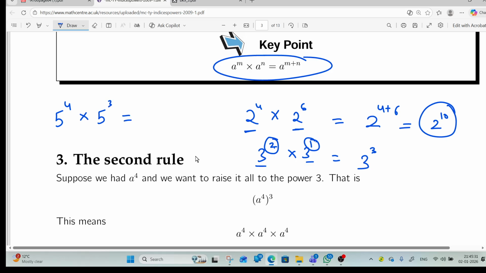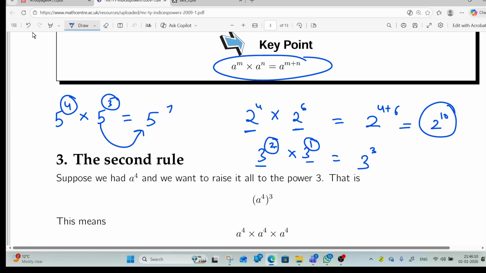What about this one? 5 to the power 7. Yes, 5 to the power 7. Just add the powers and keep the base as it is, okay?